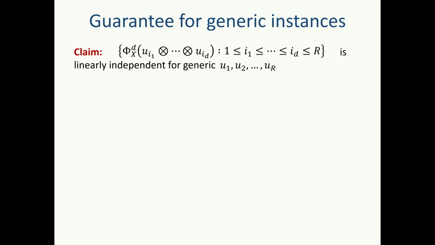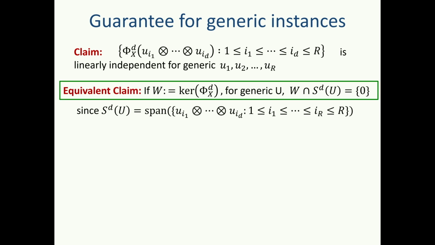And this is an equivalent claim. So just think of the kernel of this linear map. That's the subspace. And you want to argue that the kernel of this linear map intersects trivially with the symmetric dth lifting of the subspace U. That's really what you have to show.